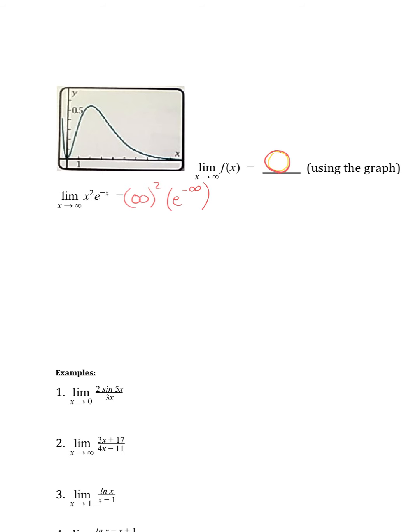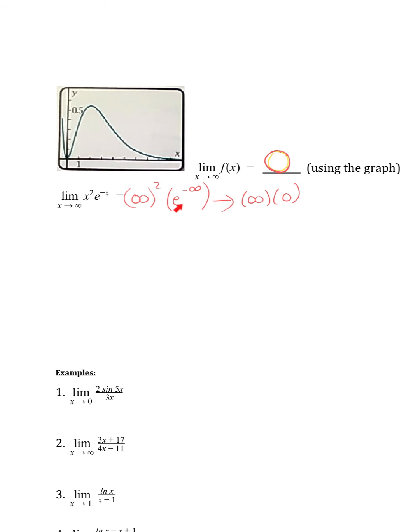Okay, if I plug in a really, really big number and I square it, hey, guess what? I still have a really big number, so I'm going to represent that with infinity. Now, over here, if I take e to a really, really big negative number, that's going to be getting closer and closer to 0.